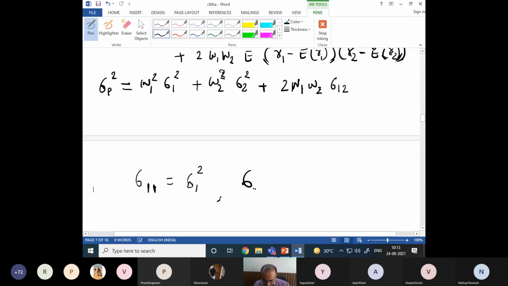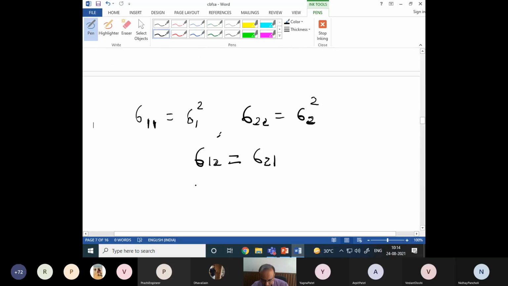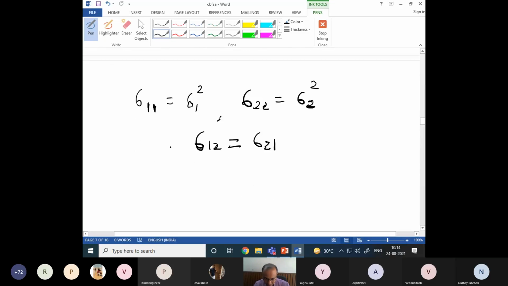Also, we can write sigma 2 2 equal to sigma 2 square, right? Also, this covariance sigma 1 2 is equal to sigma 2 1, right?